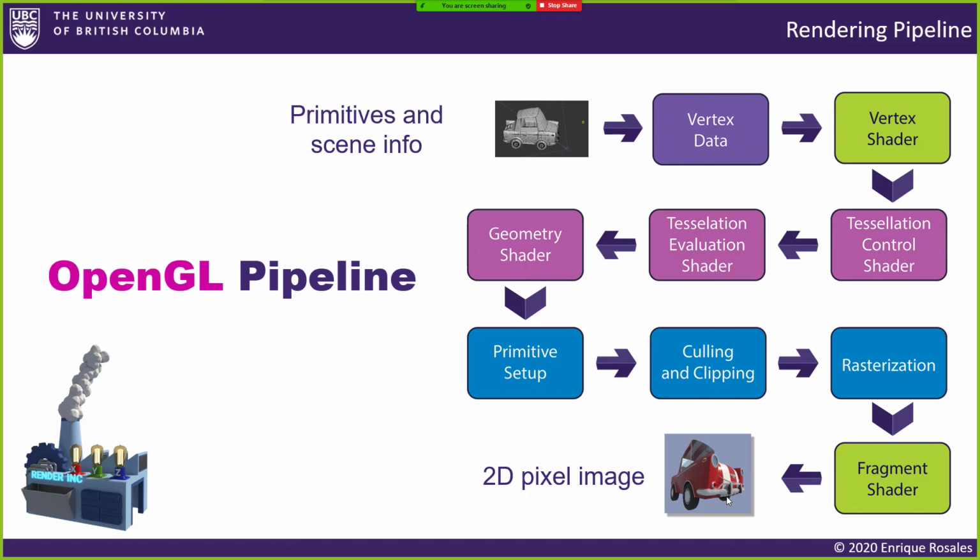Okay, so let's first talk about what we need to put inside the pipeline. Everything that we do before the rendering pipeline, before sending information to the GPU, is usually called the application stage. The application stage could be, for example, what you do in software like 3ds Max or Maya or Blender, or it could also be the part of the code that you write in JavaScript.